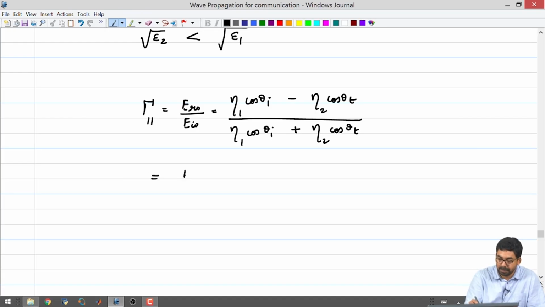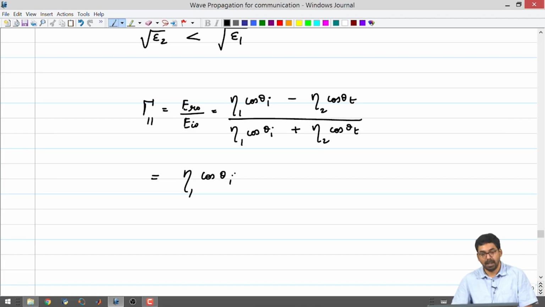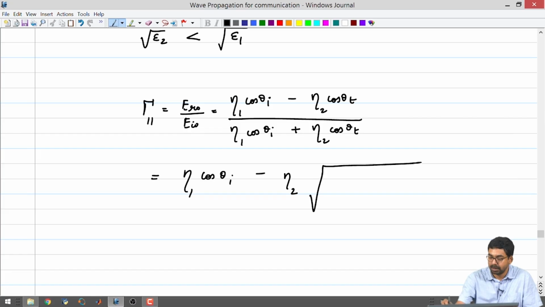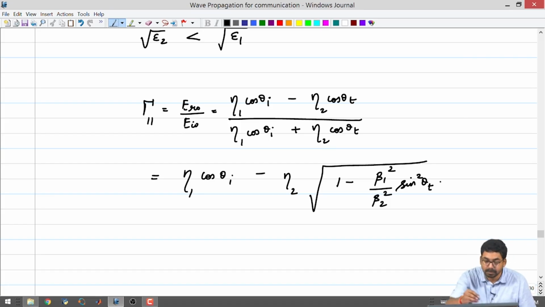So, we keep eta 1 cos theta I as it is, okay, and then we look at the second term, eta 2 is also okay. You can always write down the angle here to look like 1 minus... okay.